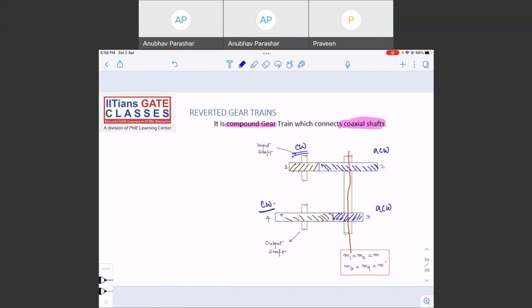A simple example where a reverted gear train is being used is our watch or clock. In our watch or clock, there are three hands: the hour hand, the minute hand, and the second hand. All three hands are connected through the same shaft, using a reverted gear train.